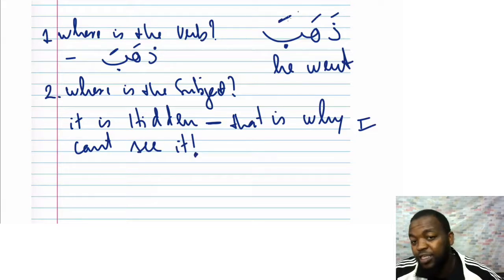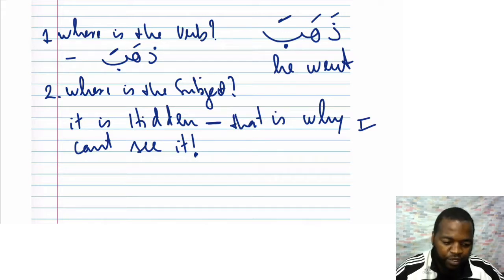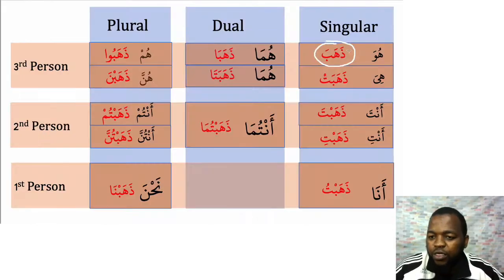So if I look at this verb, dhahaba, third person, singular, masculine, here the subject is hidden. That's why I can't see it, all right? So we have identified the verb, dhahaba, then we identified the subject. And where is the subject? Well, I can't show you because it's hidden. Great answer. So here, dhahaba, the subject is hidden.